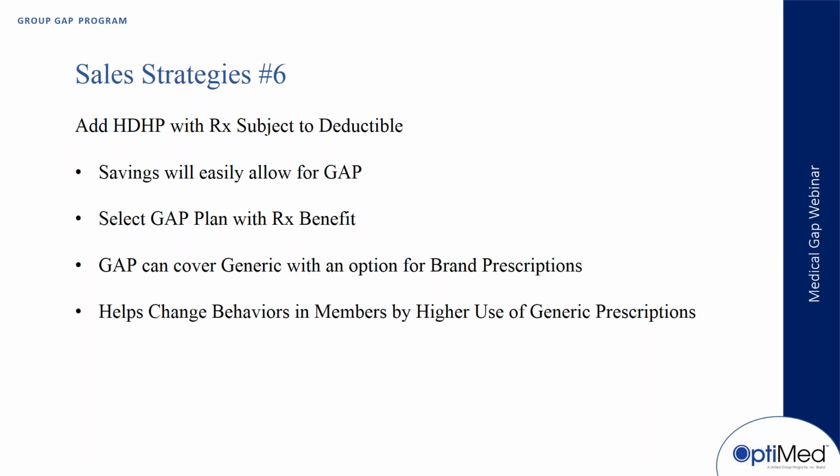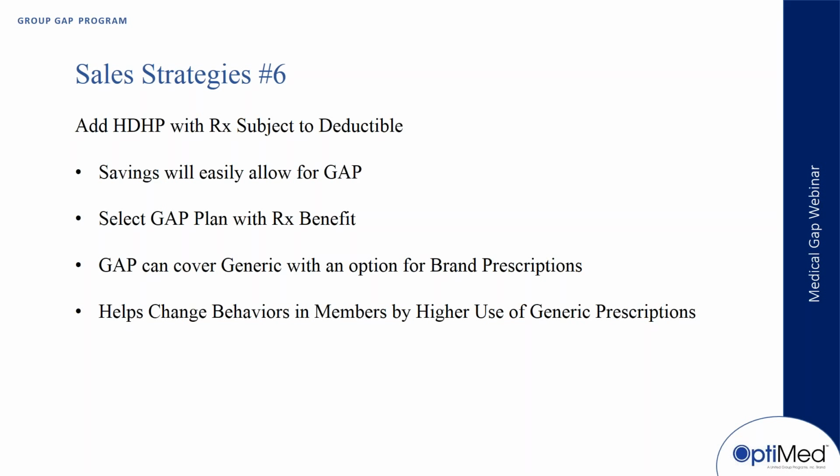If it's a 4,000/2,000 and you went for a generic drug subjected to deductible that's $20 at the pharmacy, the outpatient benefit would cover that $20. If it was a brand name drug at $300, we would pay that $300 out of your $2,000 outpatient benefit. Again, that's only available in certain states, but it is an option where we can cover not only medical expenses, but deductible if it applies to RX.